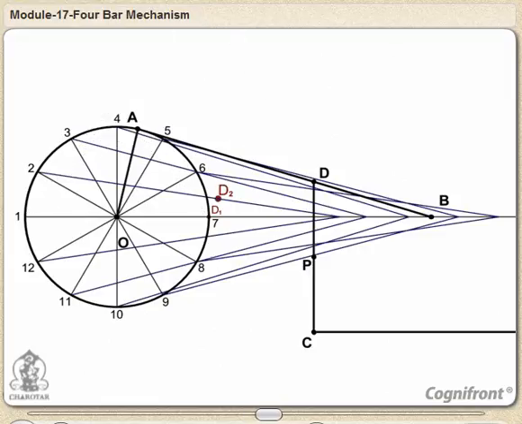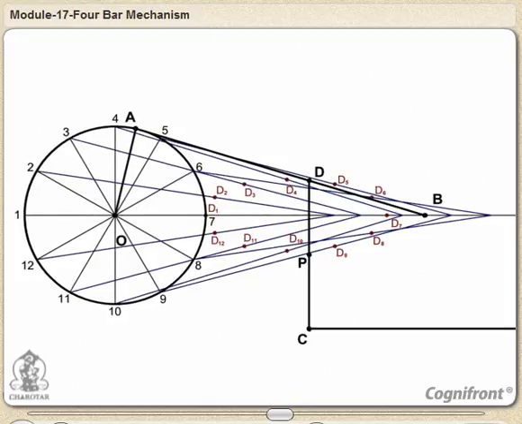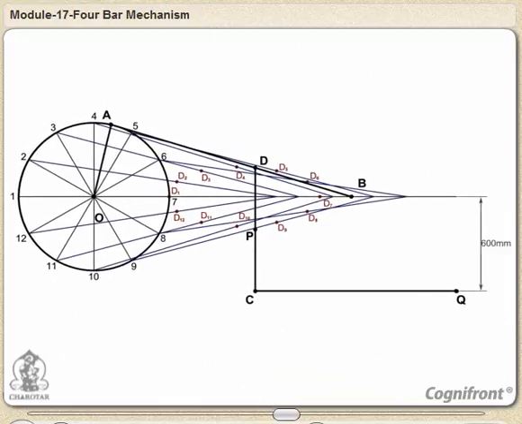Mark the point Q on the extended line passing through the end B. Observe that the distance CQ is given.